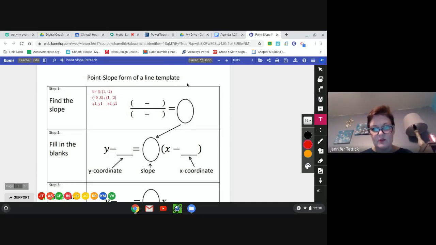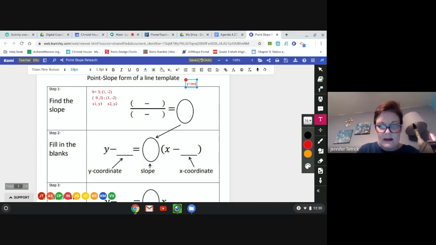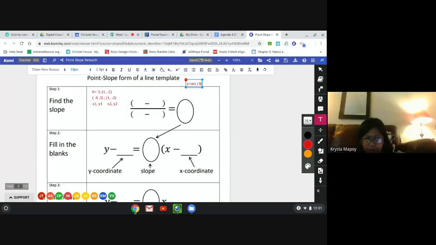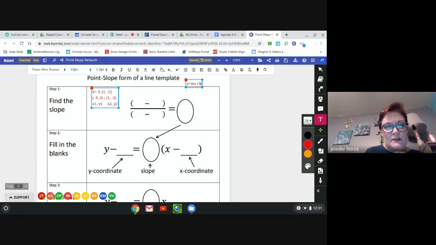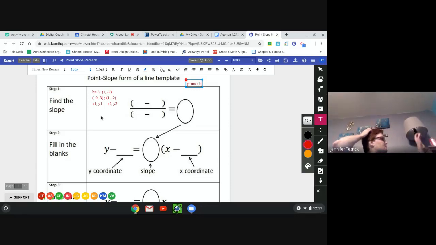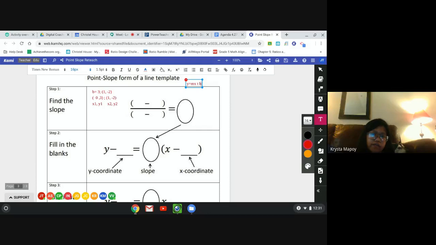We want to get to y equals mx plus b. I have the b. I have a y and an x, but what don't I have? Slope. Thank you. So I'm going to use the slope formula. Can I get someone to do the top and someone different to do the bottom? Valeria, go ahead and do the top, and Charlize can do the denominator.